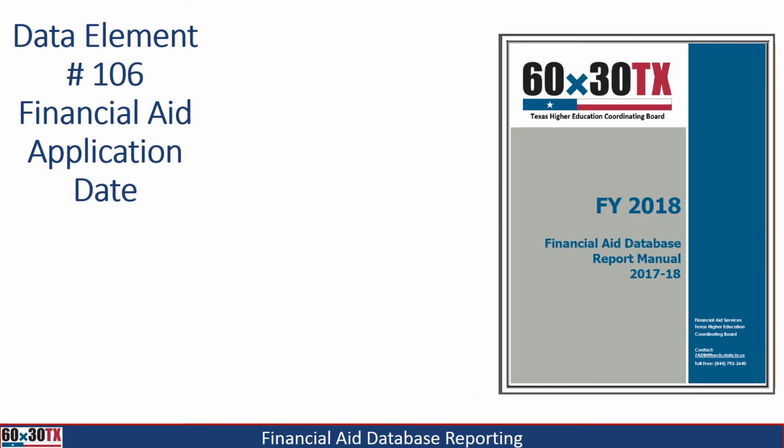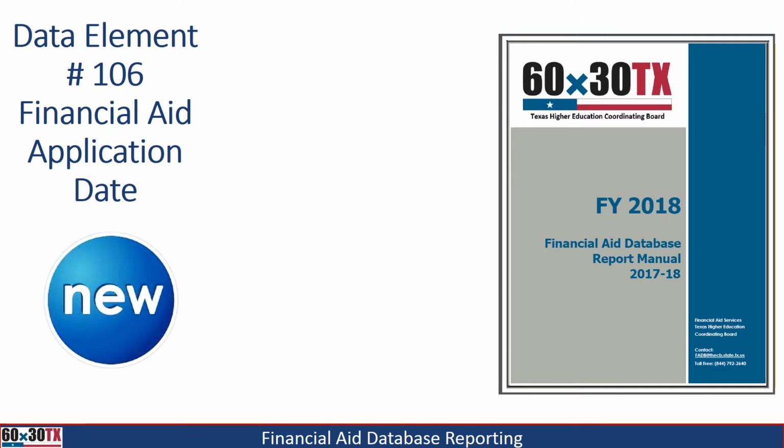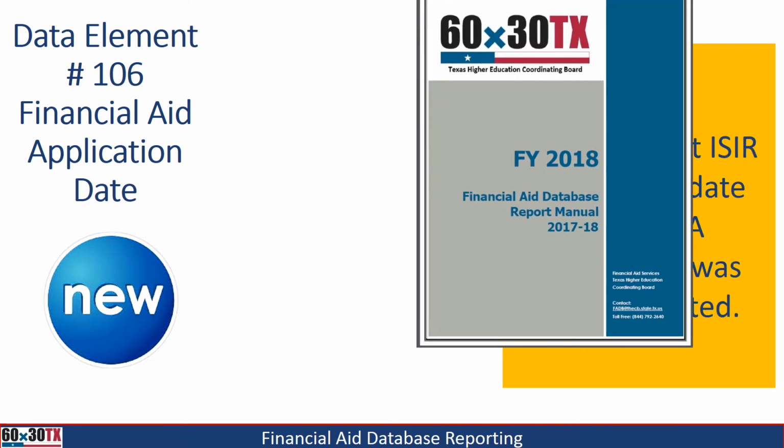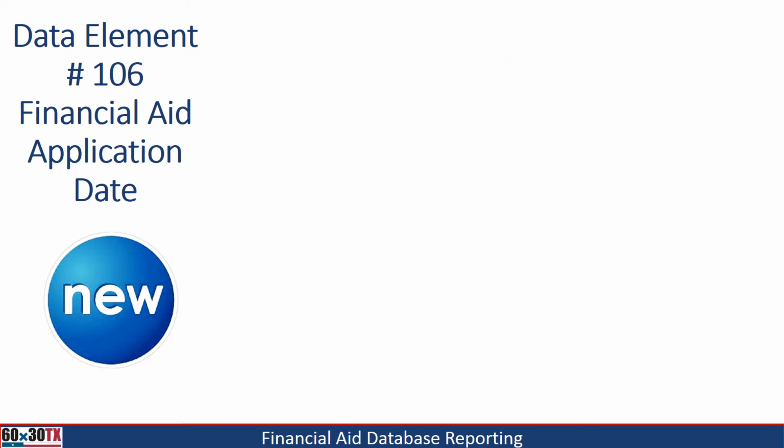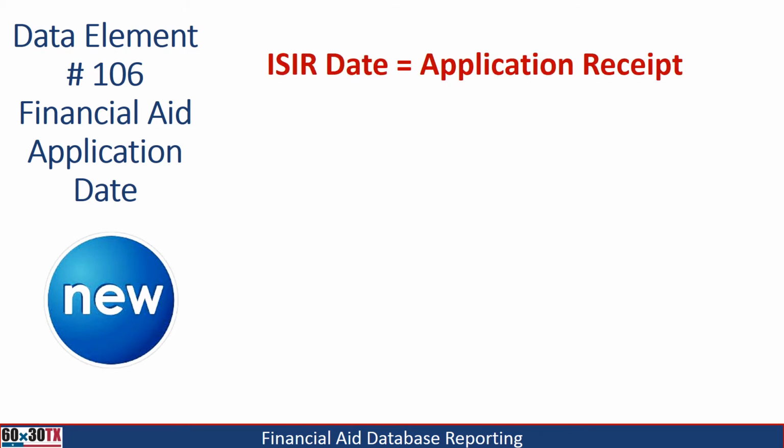Data element number 106 is the financial aid application date. This is a completely new reporting element and requires institutions to provide the financial aid application date if an EFC was calculated on either their FAFSA or their TASFA. Institutions should enter the first ICER date on file. The ICER date is the application receipt date, which is defined on page 25 of the ICER guide.